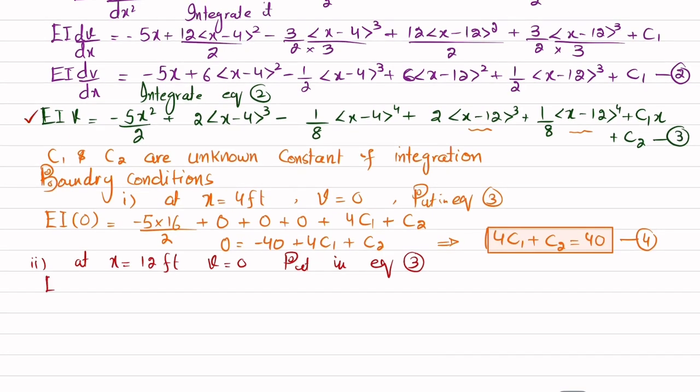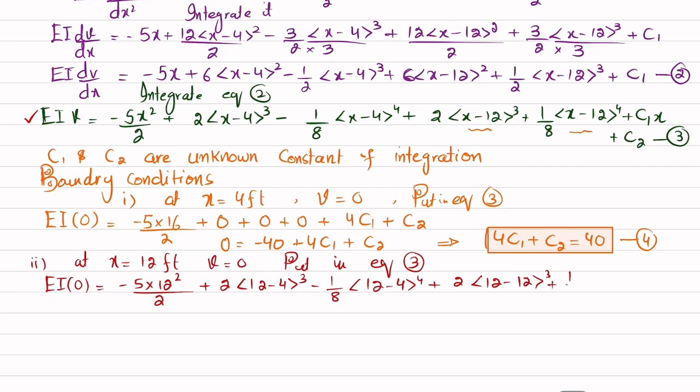So we will write EI into 0 is equal to minus 5 into 12 square divided by 2 plus 2 into 12 minus 4, 12 minus 4 whole cube, minus 1 over 8 into 12 minus 4 whole power 4, plus 2 into 12 minus 12 will be 0, plus 1 over 8 into 12 minus 12 whole power 4, plus C1x. x is 12. So 12C1 plus C2.